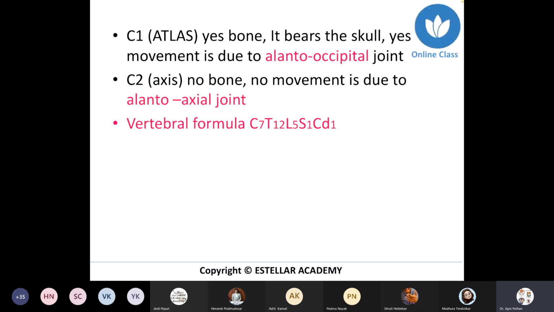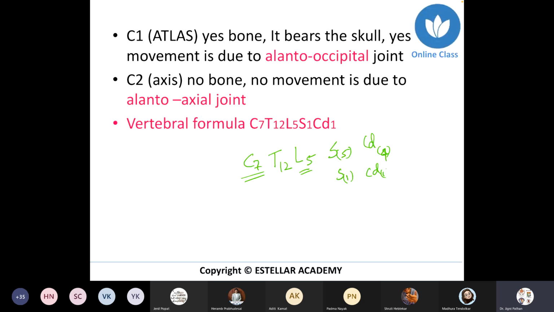So, the vertebral column has a set. C7 is 7 cervical. T is thoracic, which is 12. L is 5, which is lumbar. S is 5. Cd is coccyx, which is 4. The 5 sacral are fused to form 1, and the 4 coccygeal are fused to form 1 in the adult.